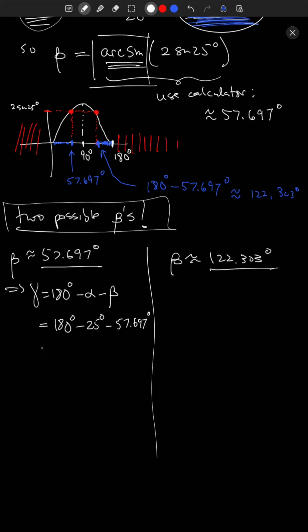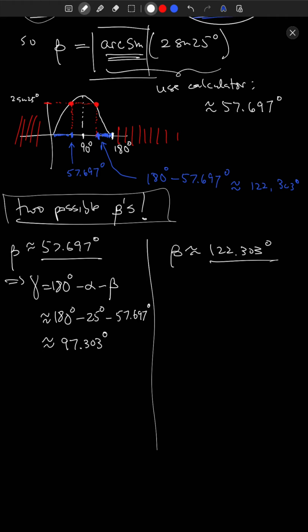If we compute that, that's going to be, or I guess I should use squiggly lines. So equals here, and I should use squiggly lines here because our beta is not exactly 57.697. So our gamma is not exactly 180 minus 25 minus 57.697. So this is approximately 97.303 degrees. All right.